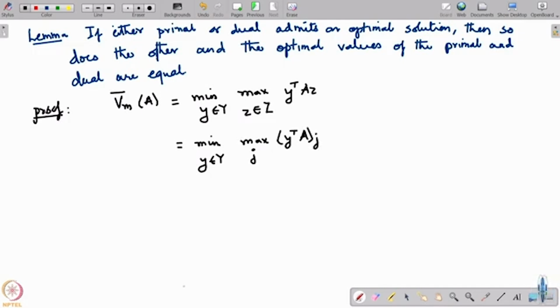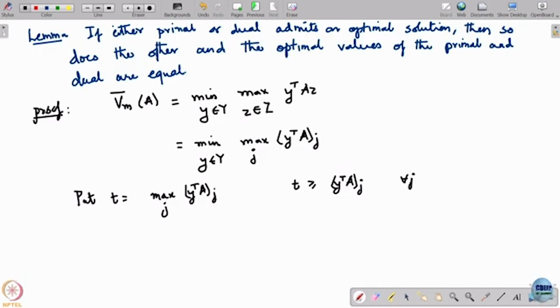So now suppose for the moment I put T as this quantity, which is max over j of y transpose A j. Then it has to be that T is greater than or equal to y transpose A j for all j, necessarily, because T is the maximum.